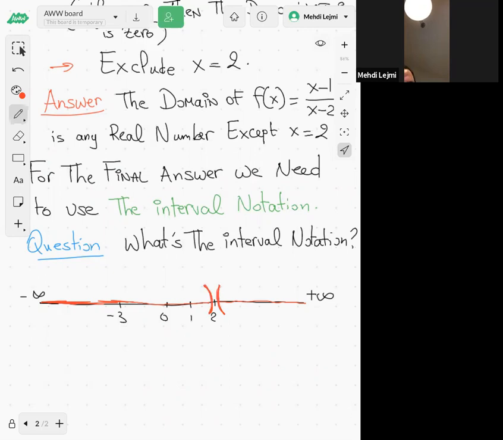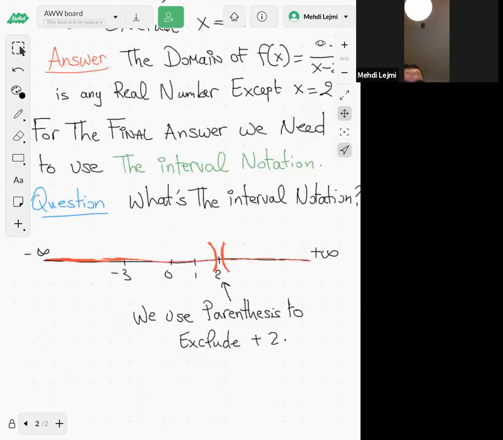So we use parentheses to exclude the +2.